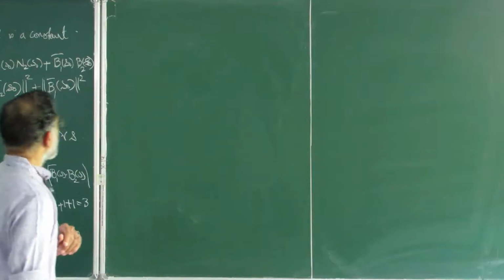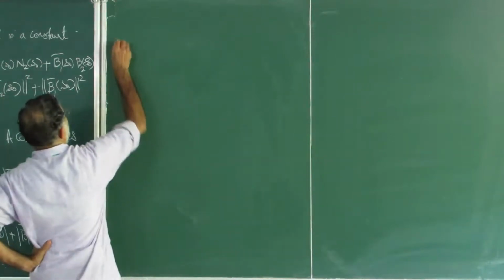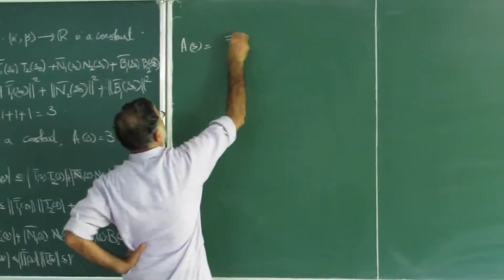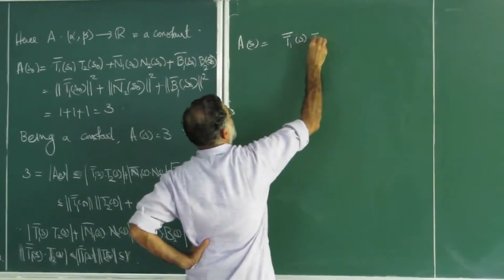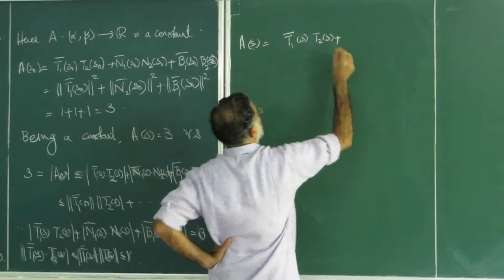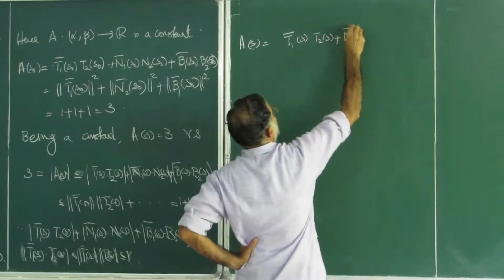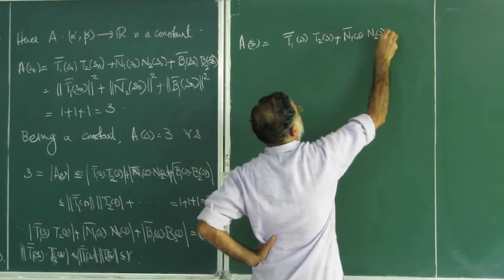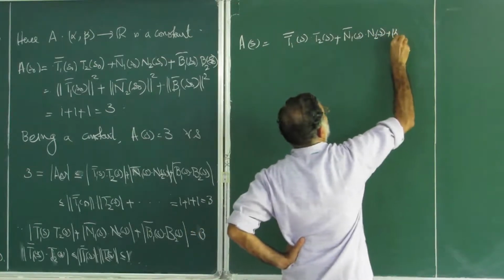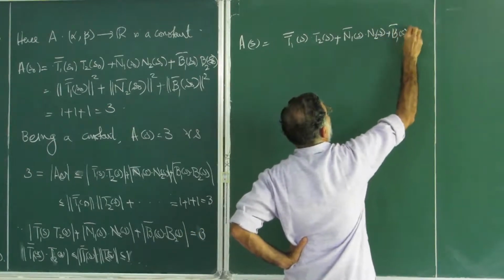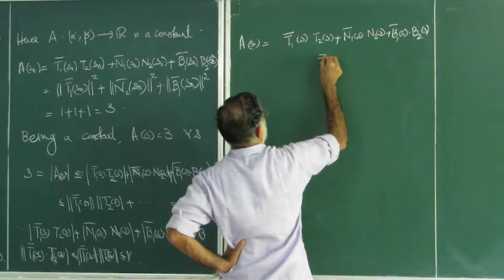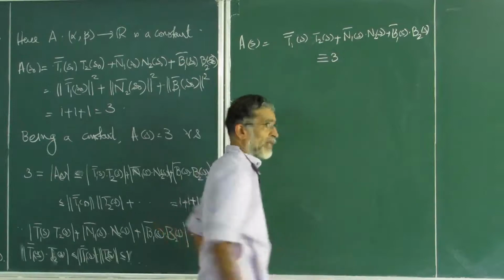If you look at the function As, we can say a little more than that. What is As? As is equal to T1 bar s dot T2 s plus N1 bar s dot N2 s plus B1 bar s dot B2 s. And we know that this is identically equal to 3 every time.